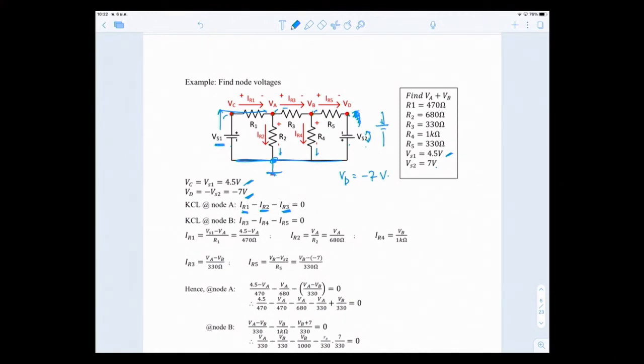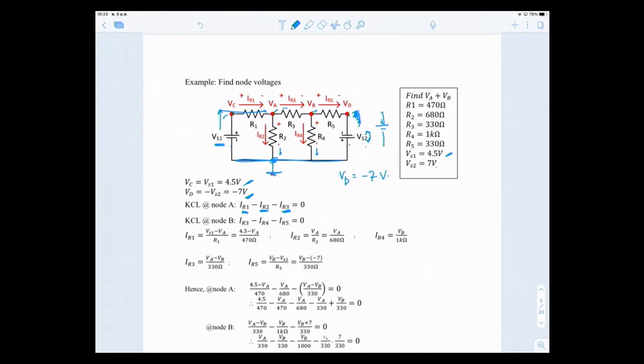Then KCL at node B: IR3 going in, minus IR4 leaving node B, minus IR5, equal to 0.